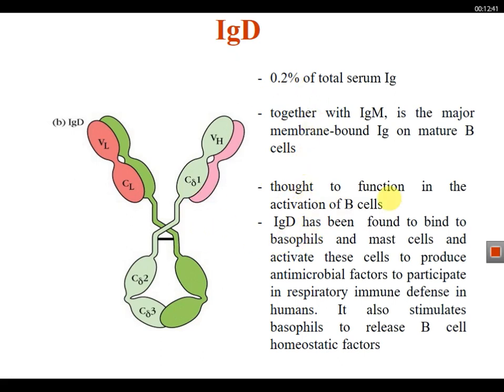The IgD has been found to bind to basophils and mast cells and activate these cells to produce antimicrobial factors, which participate in respiratory immune defense in humans. It is also found to stimulate basophils to release B cell homeostatic factors. So in a way, this IgD is probably involved in allergic reactions and activation of B cells and even homeostasis of the B cells.